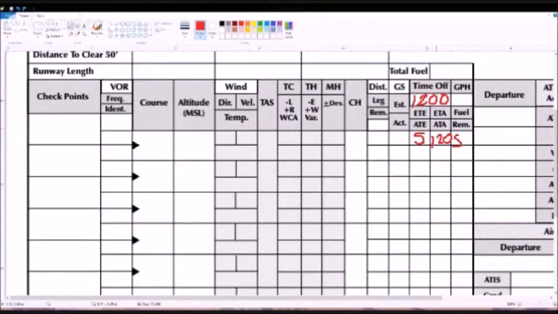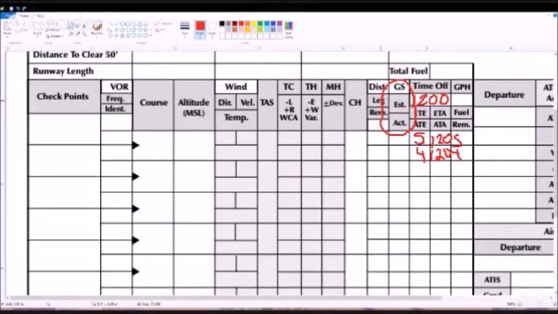Let's just say it's 4 for this one here. So then you'd put 12:04 in your actual time of arrival over here. And you just keep doing that all the way down and record from each checkpoint to each checkpoint how long it took. Next, we'll be going over actual ground speed, which is all right here.